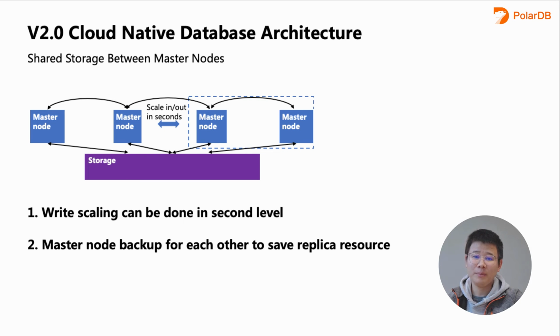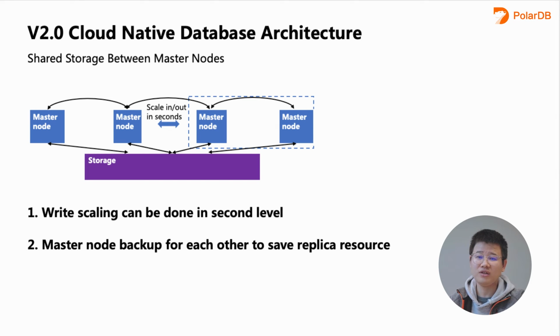Secondly, multi-master nodes back up each other to save the replica nodes' resources. For many years, the master-replica architecture has been the classical architecture of database. To keep high availability, the traditional approach usually prepares replica nodes with individual storage that back up the master nodes, which costs extra resources.